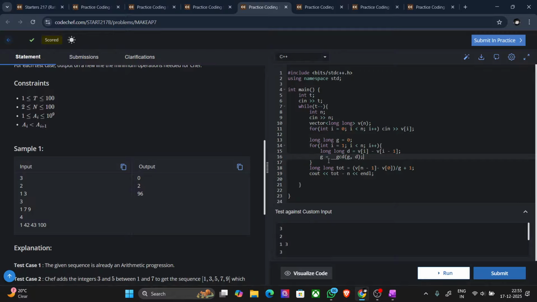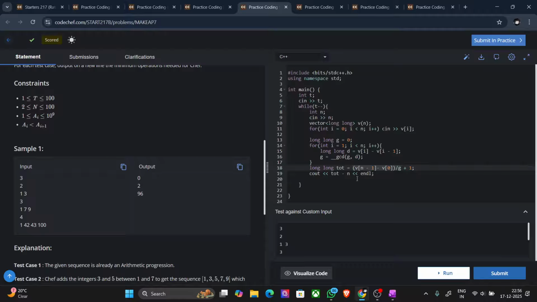Then the GCD that comes is the original GCD for the AP. Now I have taken the total number of elements, which is last minus first, divided by G, plus 1, which is last minus first divided by difference plus 1.